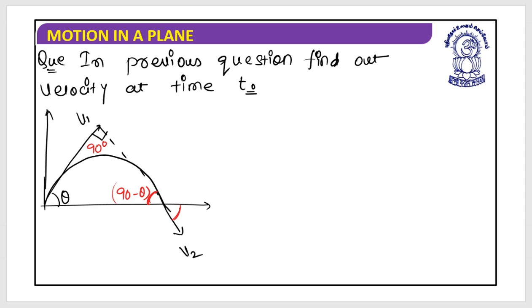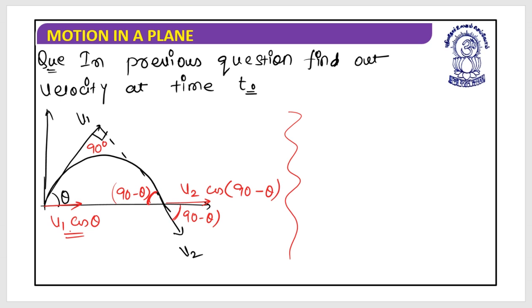If this is 90 minus theta, this one must also be 90 minus theta. This is v2 cos (90 minus theta). This is v1 cos theta. We had this previously as well: the horizontal component of velocity remains the same. So what can I do?